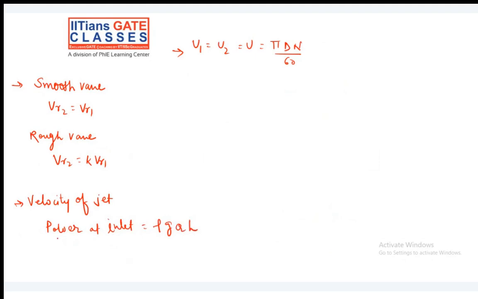And the power at the exit of the nozzle is half of m dot Va square.